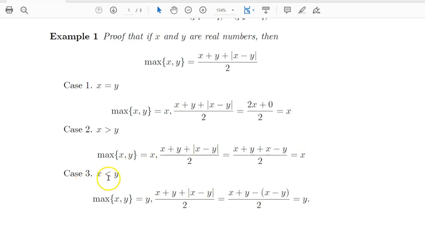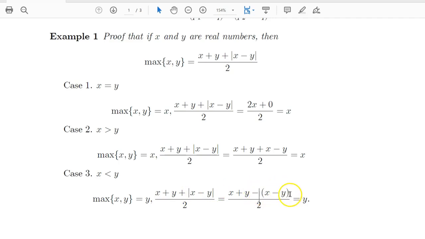In the last case 3, x is less than y. Now the maximum of the two numbers is y, because y is the bigger number. The right-hand side is equal to, now x is smaller, so x minus y is negative, so the absolute value of a negative number is obtained by negating that number, and you get a positive number.